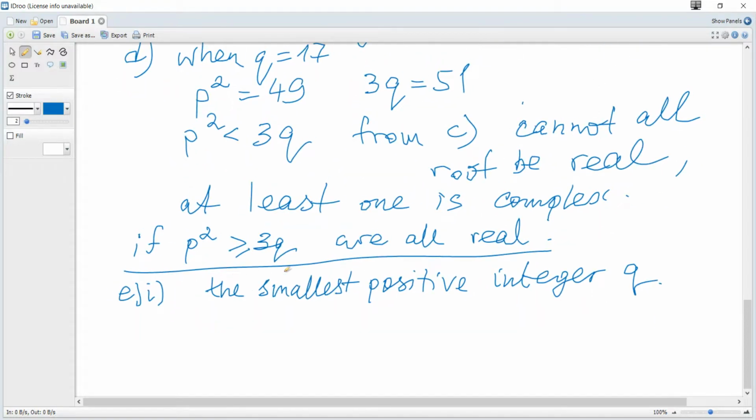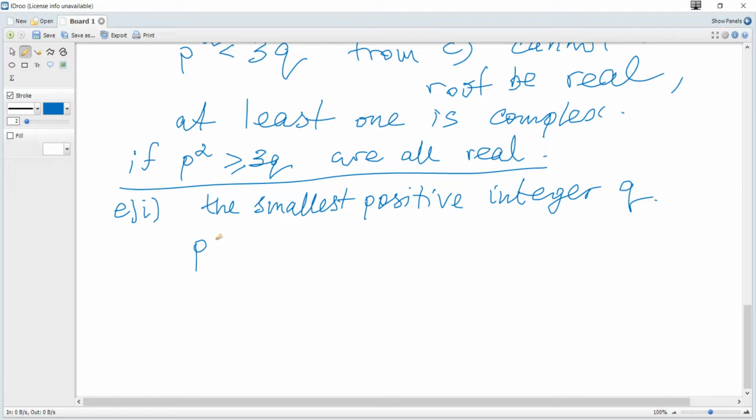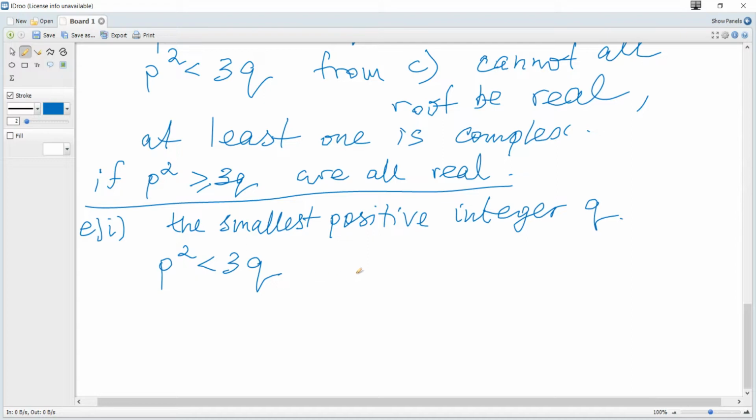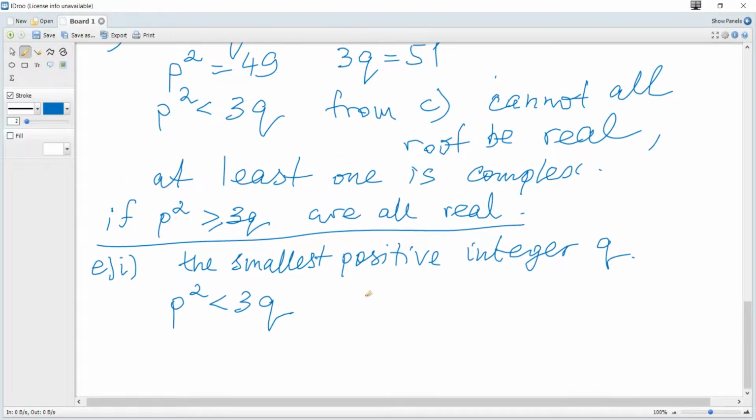Let's consider this border value. What is p squared? It's 49. We can use it in this form: p squared is greater than or equal to 3q. It's from his conjecture, so 49 is greater than or equal to 3q, hence q is less than or equal to 49 over 3, which is 16 and 1/3.